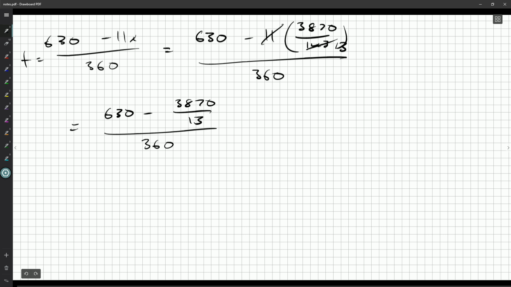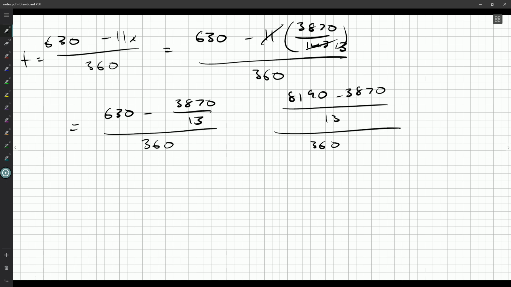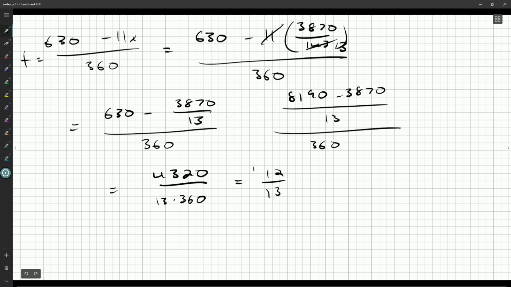All right, so 630, just cleaning up the fractions here. 8190 all over 13 minus 3870 all over 360. So 8190 minus 3870. And we get 4320 all over 13 times 360. Can I clean any of that up? Oh, 4320 is just 12 times 360, so we get 12 over 13, and that should be the value of t.